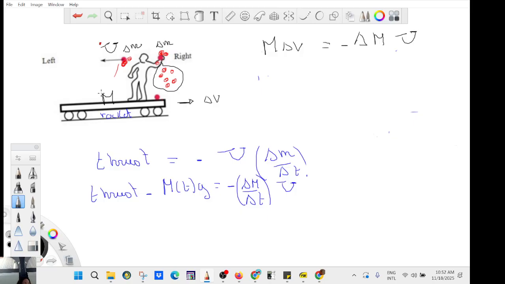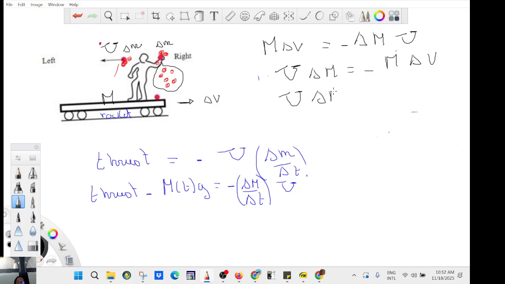Okay, so buckle up. Are we buckled up here? And we're going to do a little bit of calculus, not very much. So I'm going to rewrite the equation. So U delta m equals minus m delta v. And then I'm going to divide both sides by m.